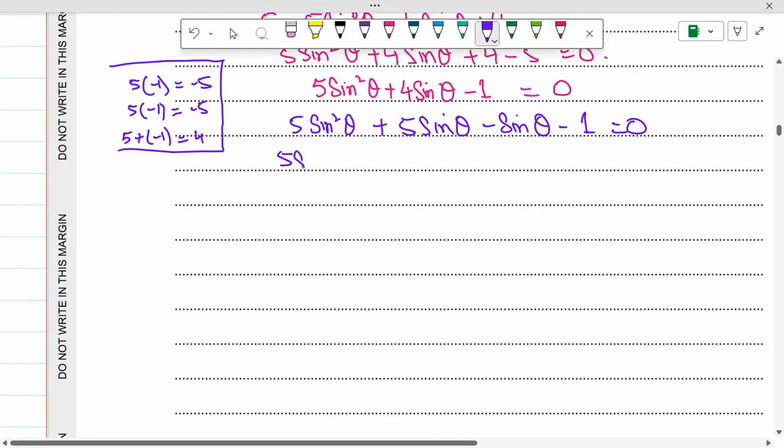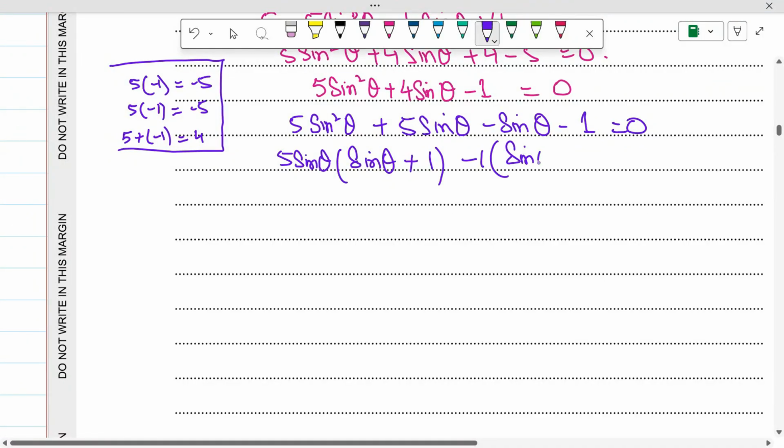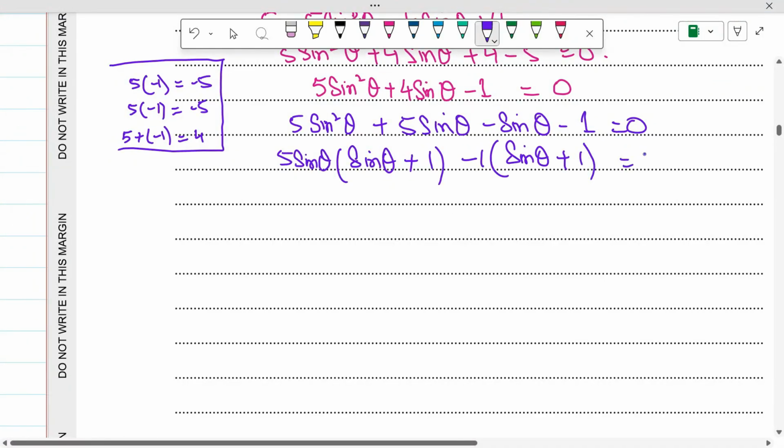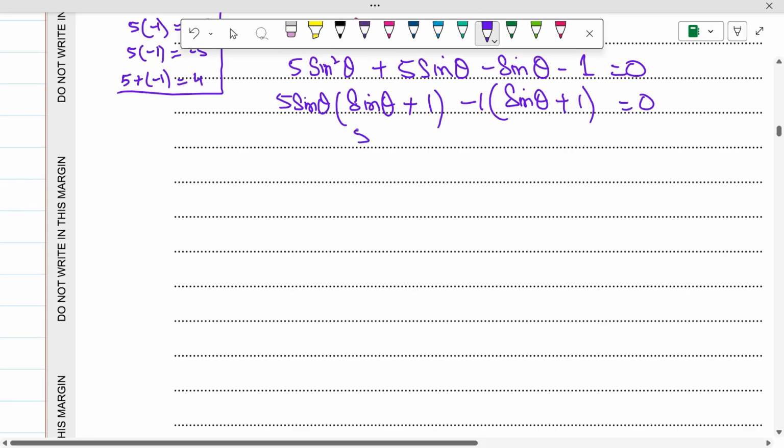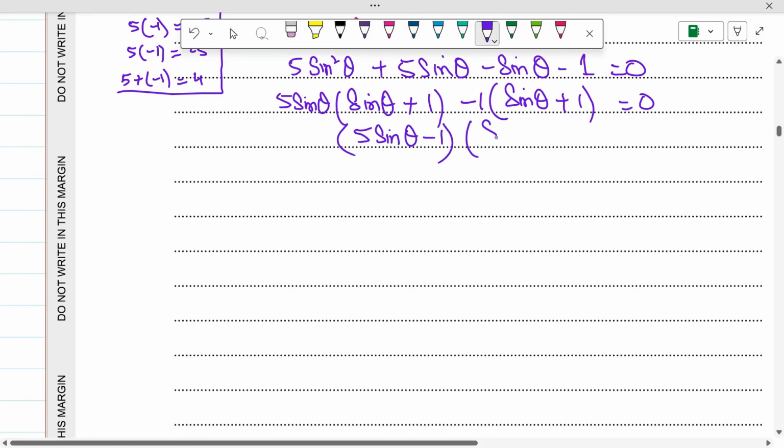Taking 5 sine theta common, we will have sine of theta plus 1, and taking negative 1 common, we will have sine of theta plus 1 equal to 0. So we have two factors, which are 5 sine of theta minus 1 times sine of theta plus 1.